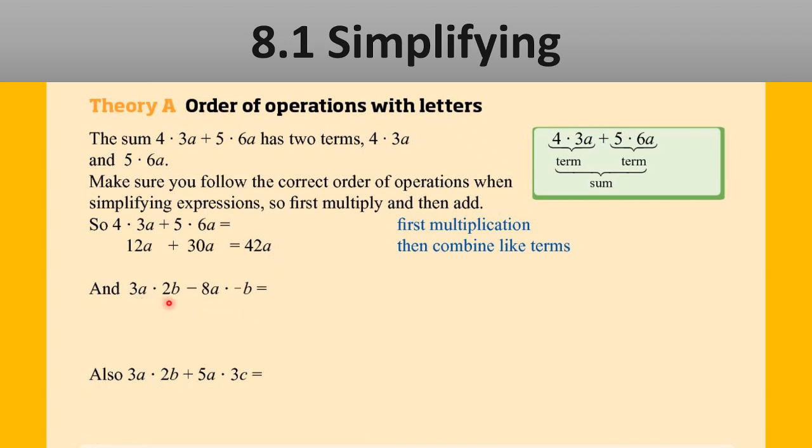So 3a times 2b minus 8a times minus b becomes first 6ab, then the second thing. The book says this is the operation minus from doing something minus something, so they leave it there and say 8a times minus b.